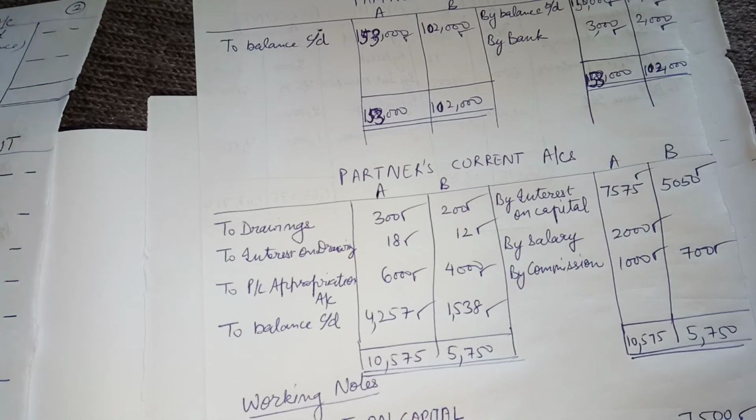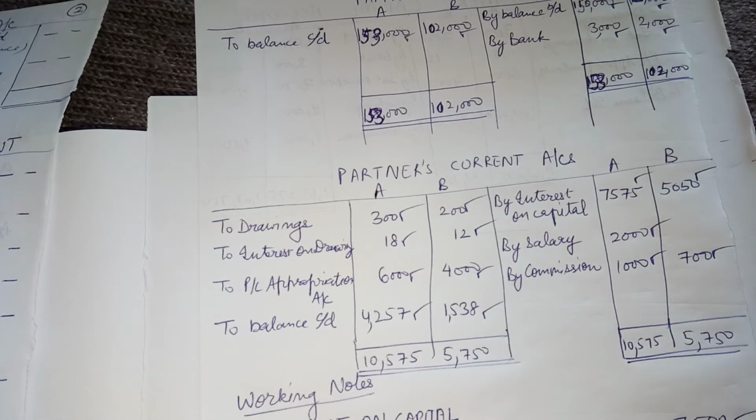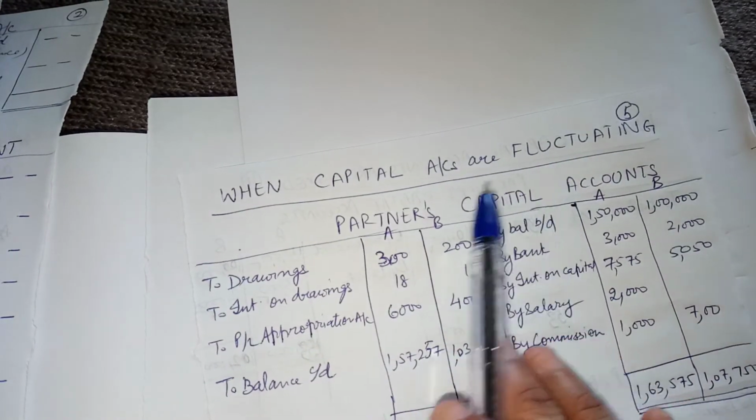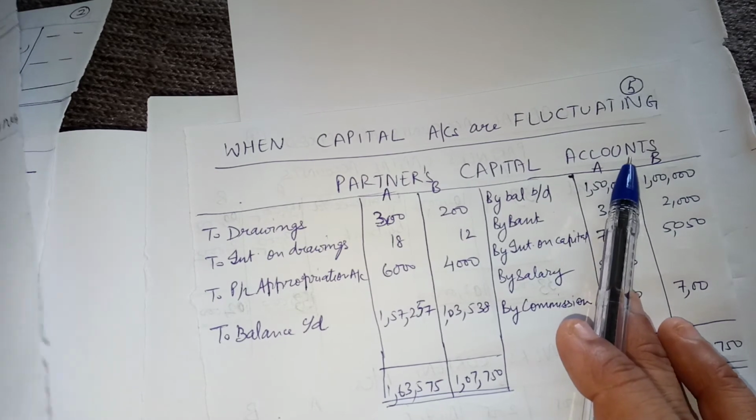Now we take the second case, when the partners' capital accounts are fluctuating, or the fluctuating capital account method. In that case, we are going to have the partners' capital account keeping all the entries collectively.